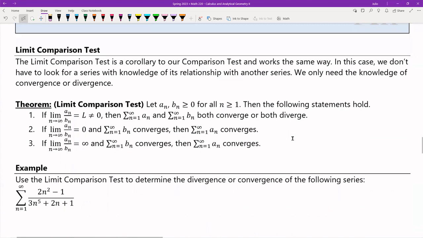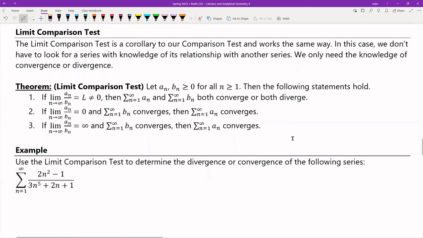A corollary to the comparison test is what's called the limit comparison test, and it works about the same way. In this case, we don't have to look for a series with knowledge of its relationship to another series. That's the cool part.